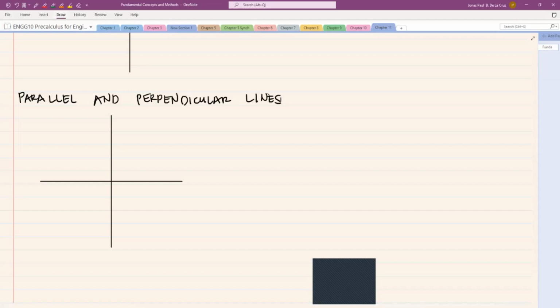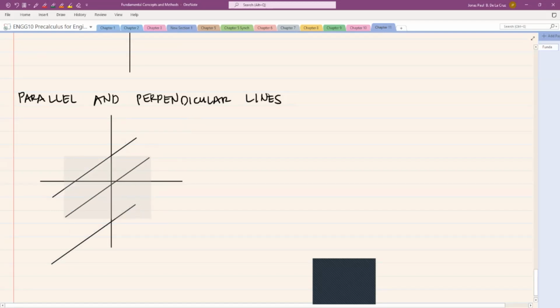So, for example, if we have a line here, a parallel line is a line with the same inclination. So in this case, itong dalawang line na to, tawagin nating L1 tsaka L2. These are two parallel lines kasi parehas yung kanilang inclination.